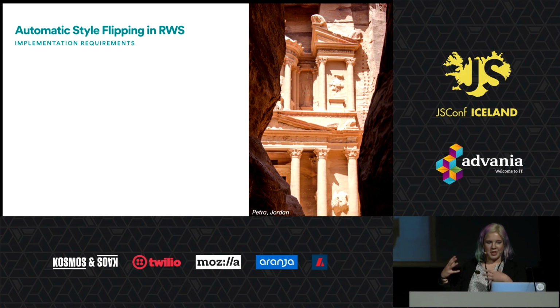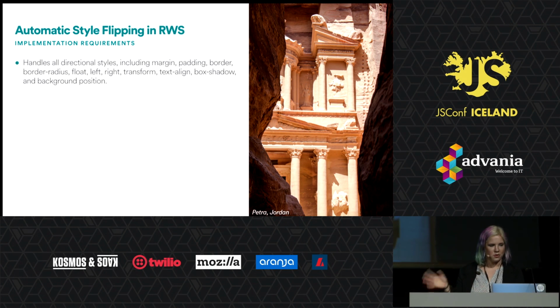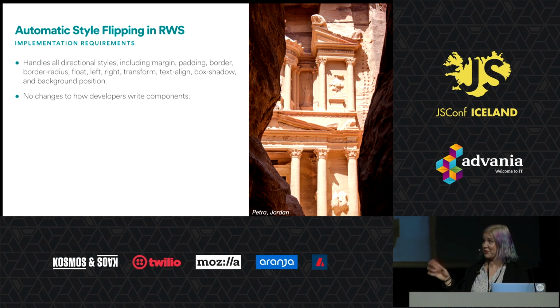So, when considering how to flip styles in this environment, we established a handful of requirements that would inform our approach. First, we'd have to handle all directional styles. So things like margin, padding, text alignment, floats, left-right positioning, transforms, everything. Second, this one's really big.